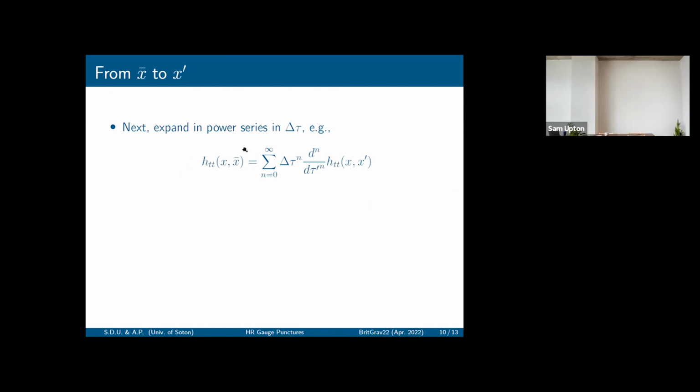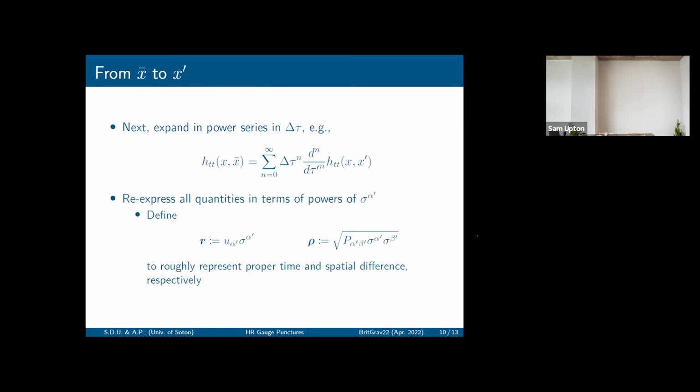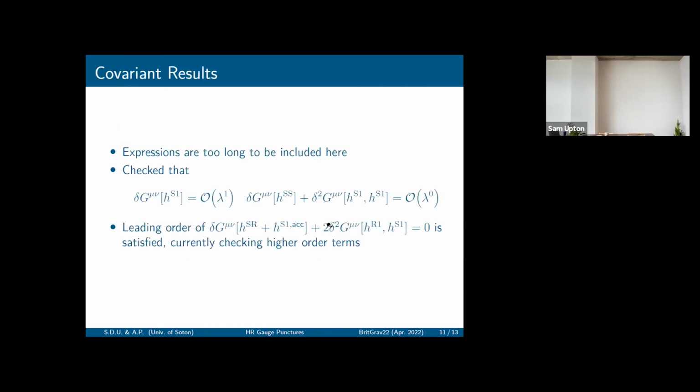So for example, the h_tt component would be as so. And then we can re-express all quantities in terms of powers of Synge's world function. And we can introduce some shorthand notation here to give a notion of the difference of proper time and spatial difference. Unfortunately, the expressions are too long to be included here, but we've checked most of them. There's a few little things we need to sort out, but we're in the process of checking those.